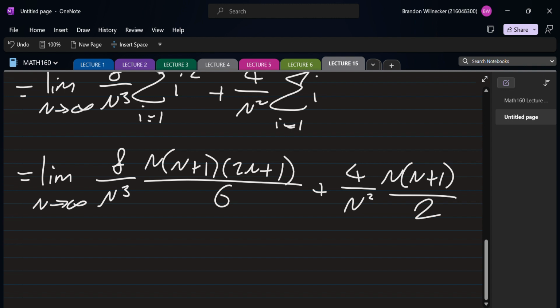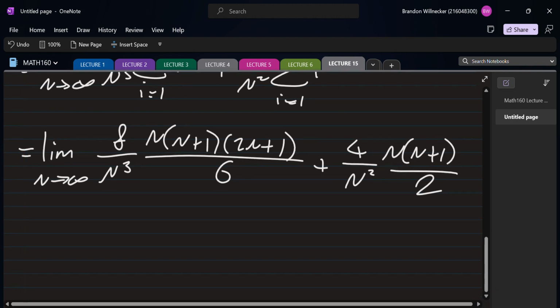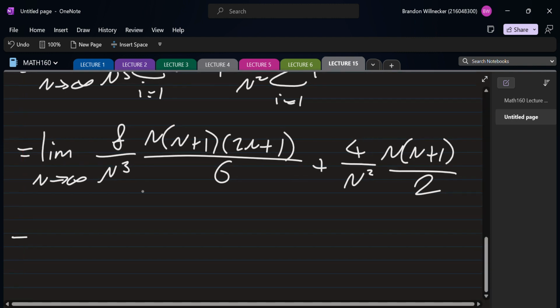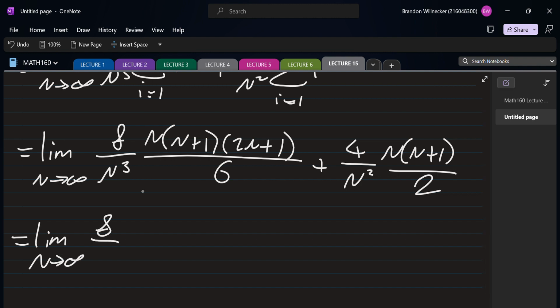Once we have this, the next step is to expand everything out, simplify as much as possible, so that when we eventually take this limit, it's quite easy to do. If we were to take the limit now, we've got infinities at the top, infinities at the bottom. It's just a mess. Let's simplify first. So here we get the limit as n goes to infinity. 8 over 6, we can take that out.